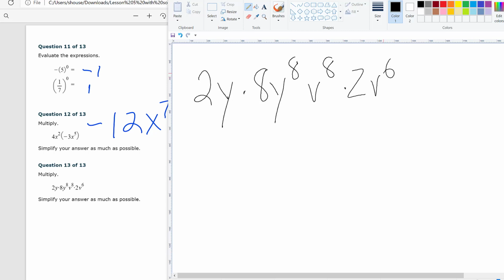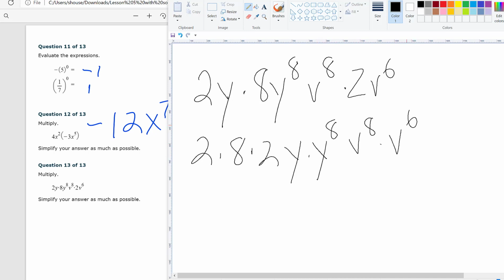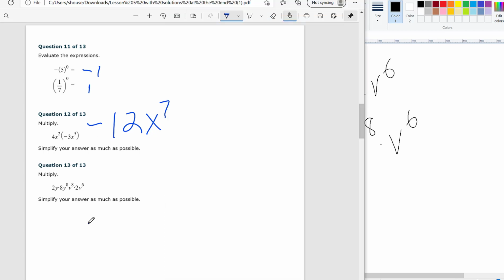We can rearrange in our head, or we can say 2 times 8 times 2, y times y to the 8th, v to the 8th times v to the 6th. 2 times 8 is 16 times 2 is 32, y to the 9th, v to the 14th. So these are some problems that deal with the laws of exponents.